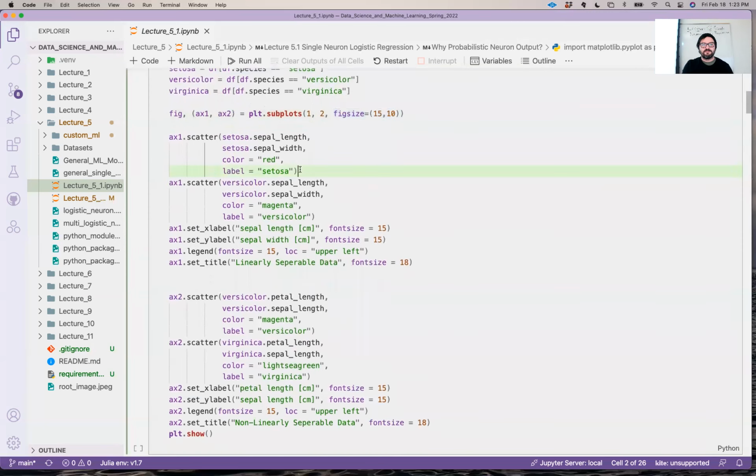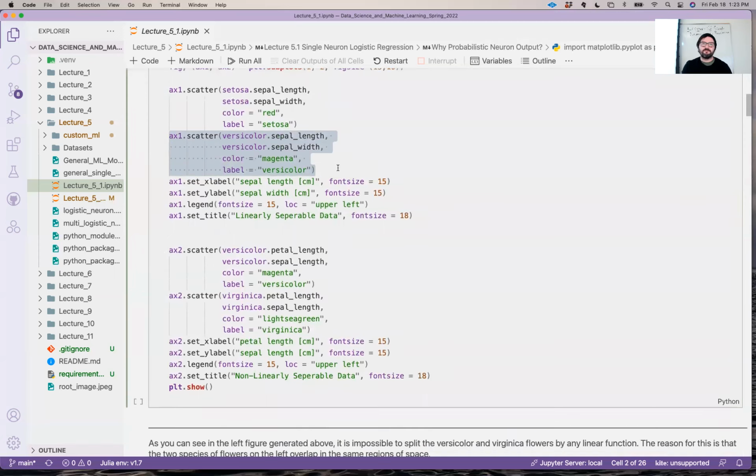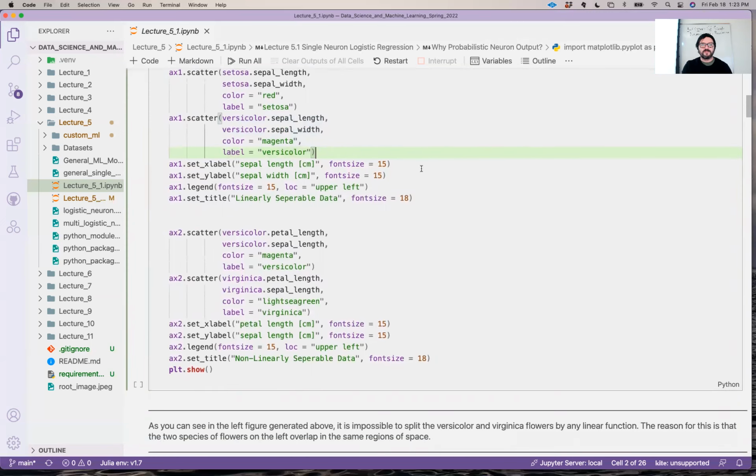On the first figure, I'm going to scatter Setosa sepal length, Setosa sepal width, give it color red, label it Setosa. And then on that first figure, I'm also going to scatter Versicolor sepal length, Versicolor sepal width. So same measurements, right? I color those magenta and give it label Versicolor.